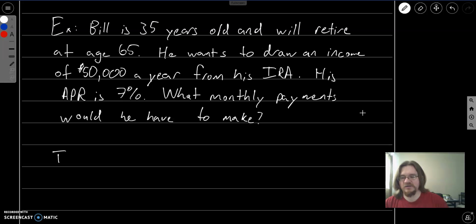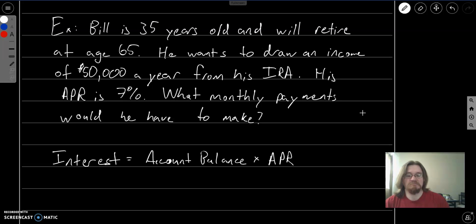Well, your interest is just going to be your account balance times your annual percentage rate. So how much interest you earn is just how much you have in there times your percent interest.